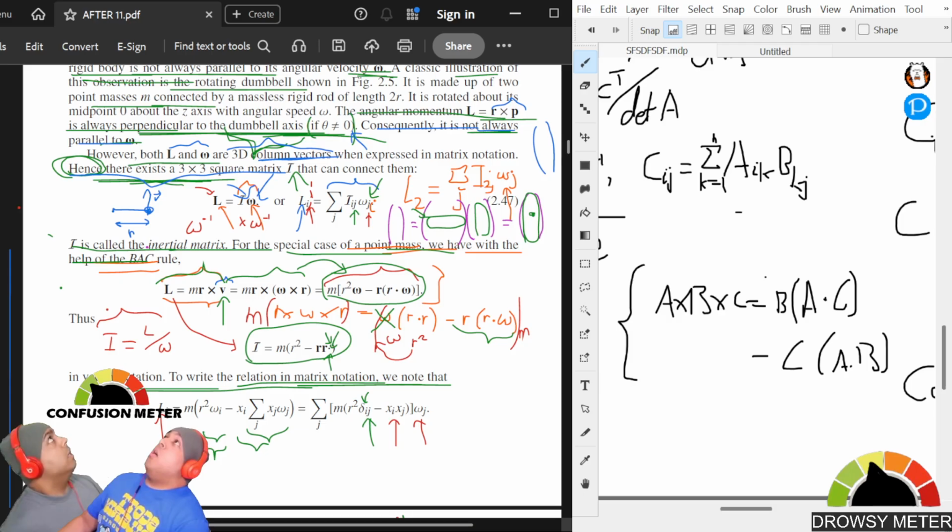This r dot r will be r squared, and this r dot omega would be r_x omega_x plus r_y omega_y plus r_z omega_z.